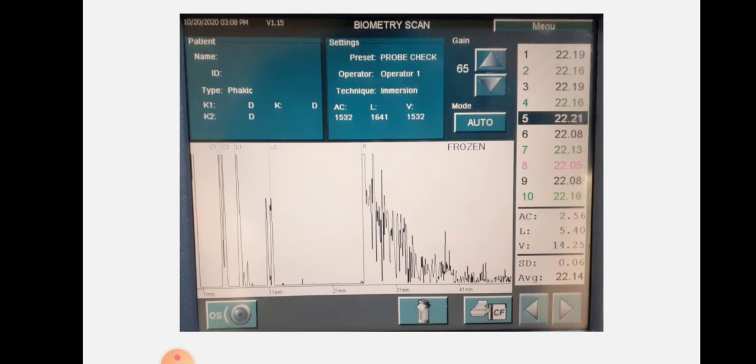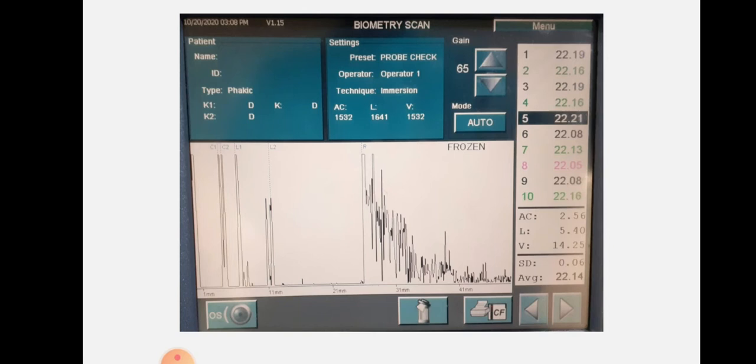If we use a higher gain in a normal patient, it can show a false reading. So in a normal patient, we set the gain at 65, and only if we notice that at 65 we are not getting a proper echo, then we increase the gain percentage.